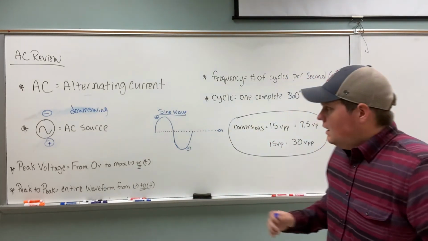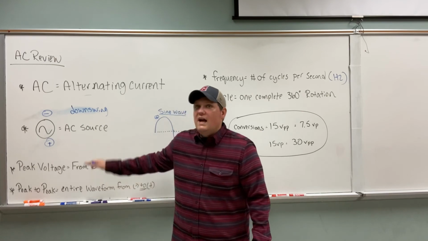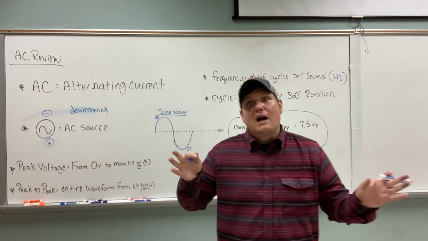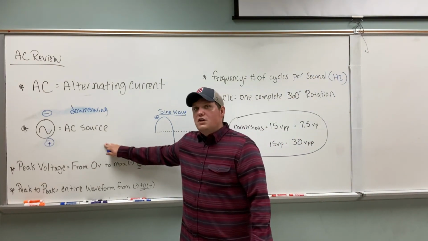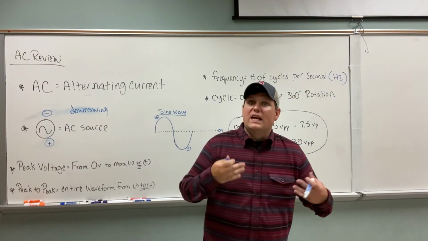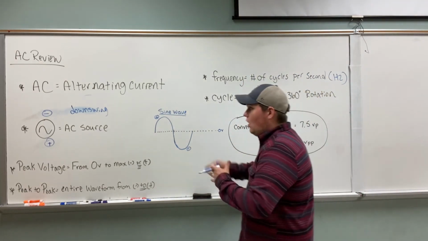Okay? All right, so very important to remember, because when we start doing our diode circuits and observing our outputs and what the waveform looks like, you have to know what the upswing and the downswing looks like. Okay? So that's all for this video.